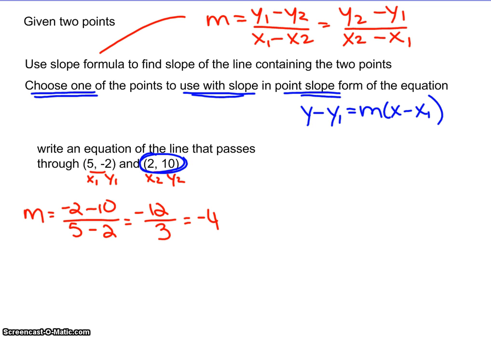We make fewer mistakes when we use positive values. So it's y minus my y, slope, x minus my x. Distribute, and get rid of your constant.